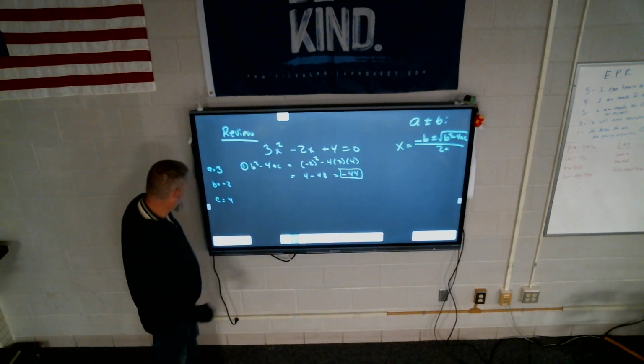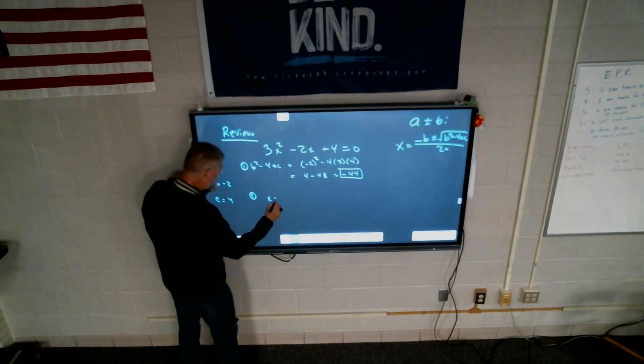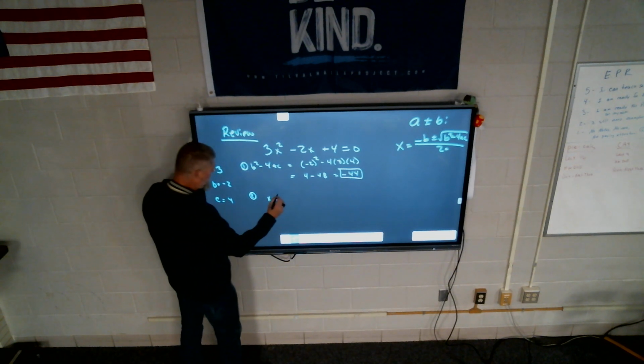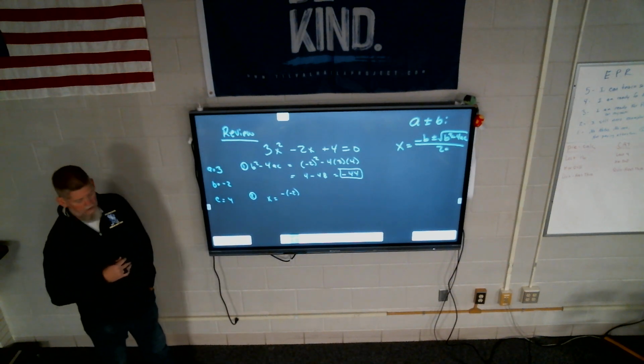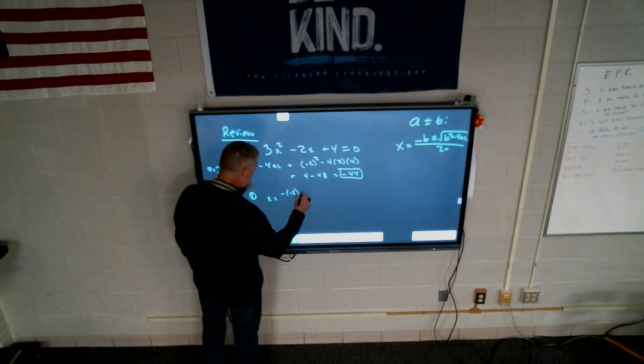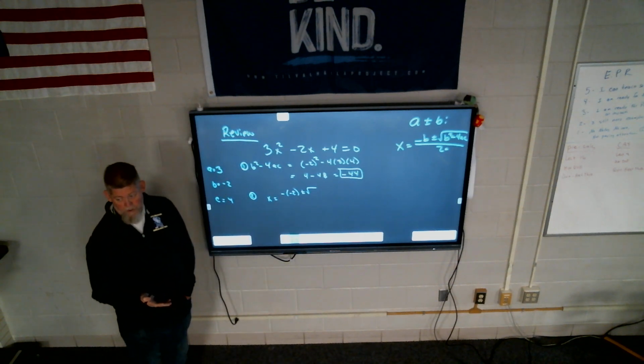That's the discriminant. Okay, so number 2 then, let's actually plug it in. X equals negative b, so negative 2, plus or minus the square root, and I already know what b squared minus 4ac is.